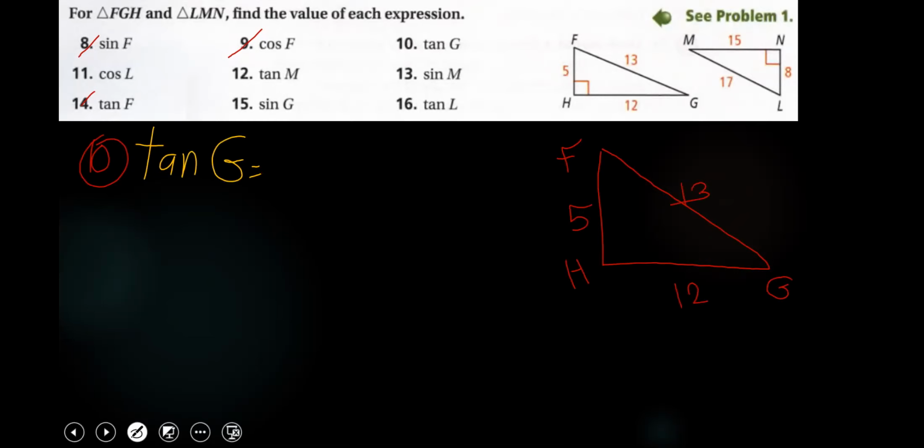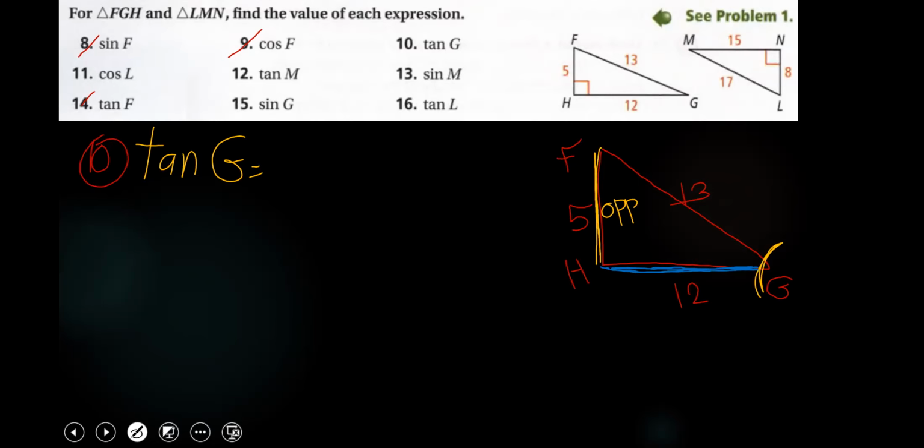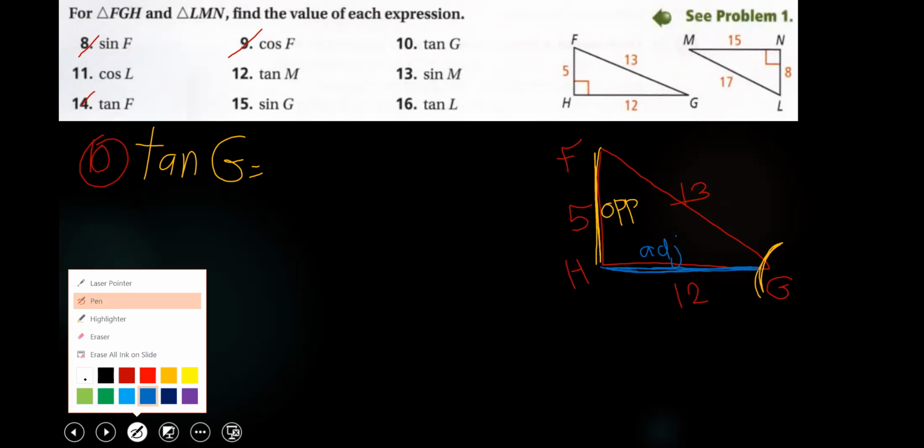The first step, you ask yourself: what is the angle? Angle G. Then after I know where's the angle, I ask myself where is the opposite? 5. This is the opposite. And where is the adjacent? 12. And the last one is the hypotenuse, 13.